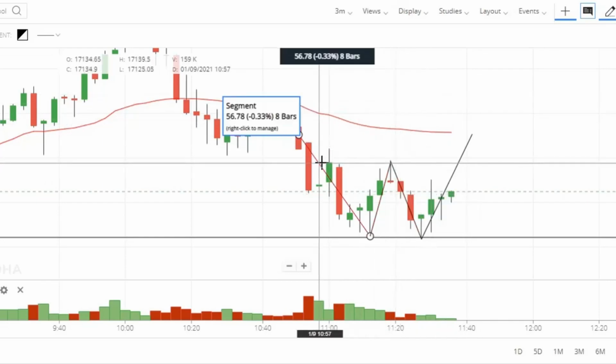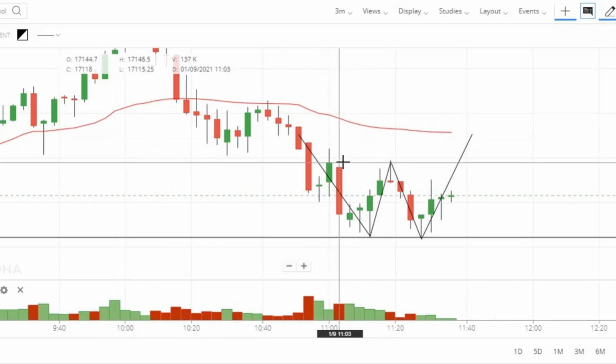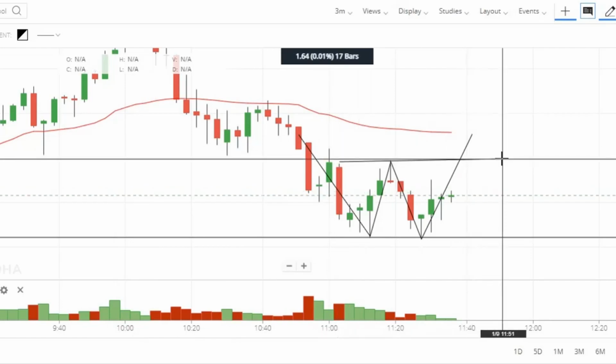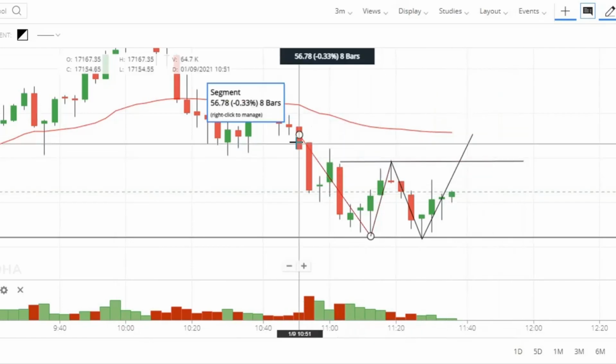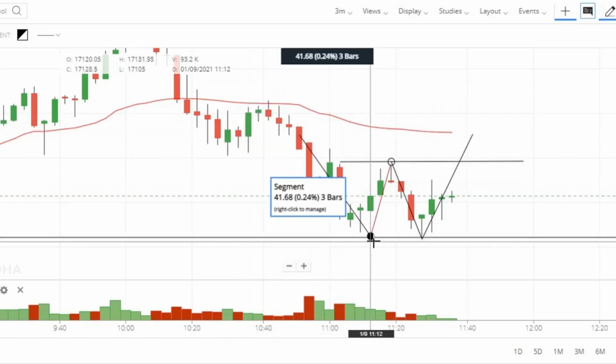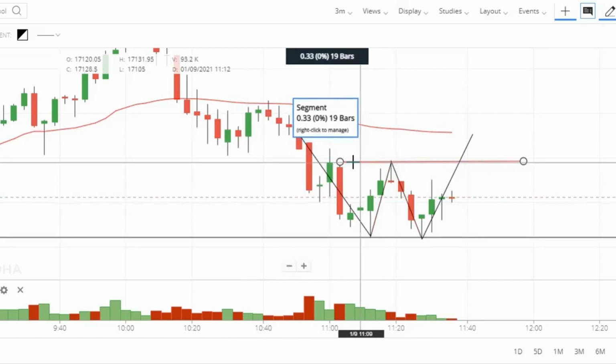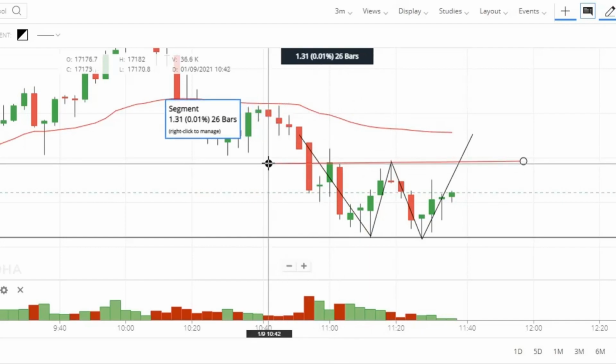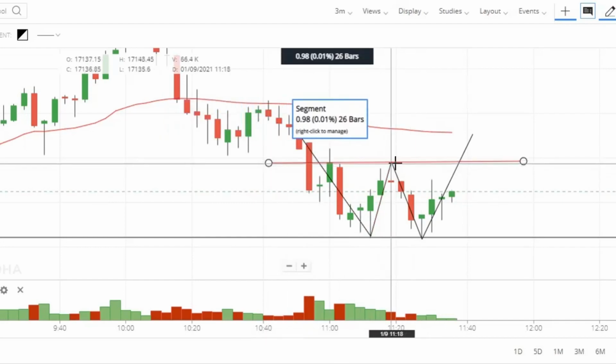Now if you can figure out where the neckline of this particular pattern is, here is the neckline, because the market fell down, it took a support, then it went up and took a resistance over here. So wherever it takes a resistance after taking a support, we can call that a neckline.